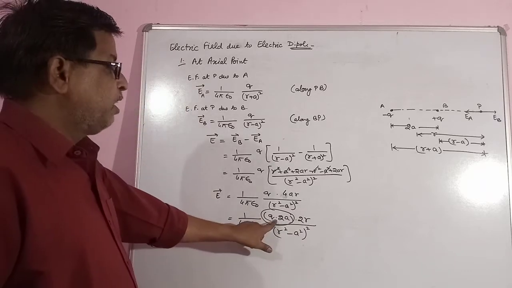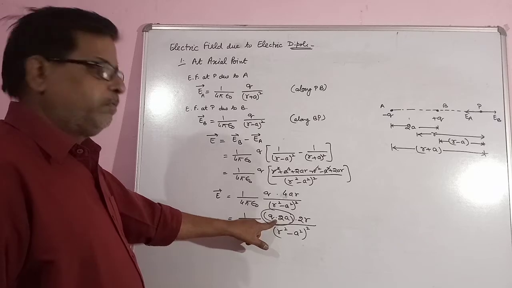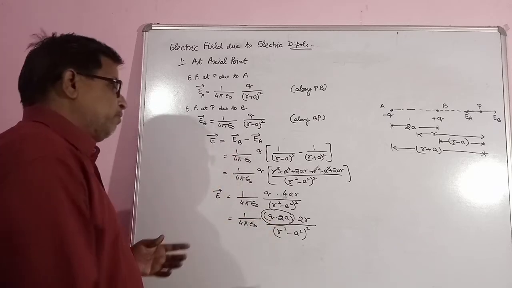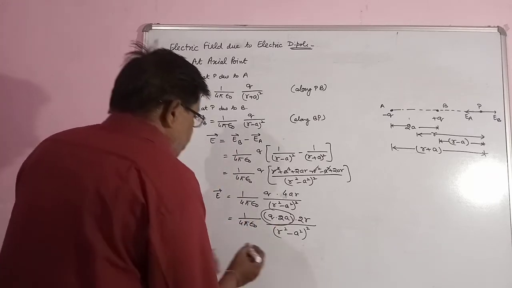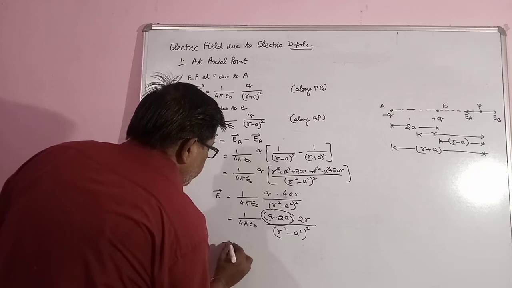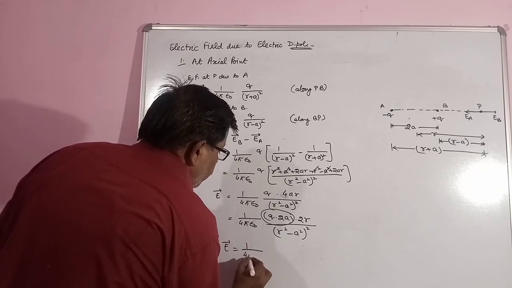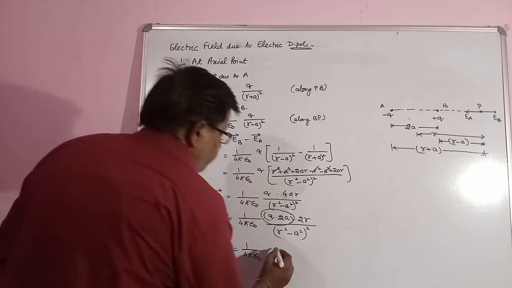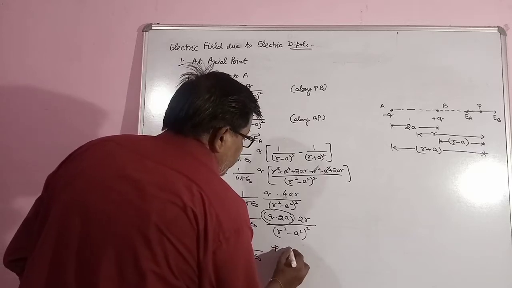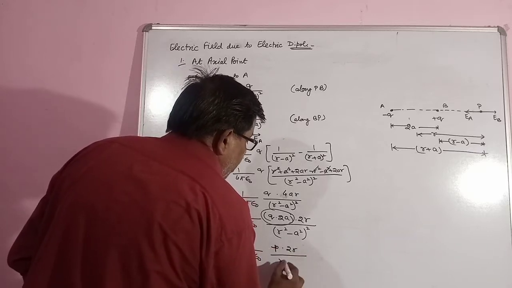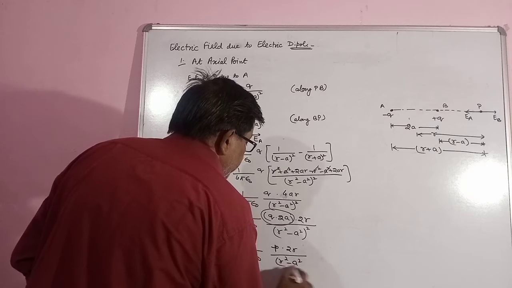This is dipole moment. Again, we have discussed this already. So E equals 1 over 4 pi epsilon naught, P into 2R upon R square minus A square.